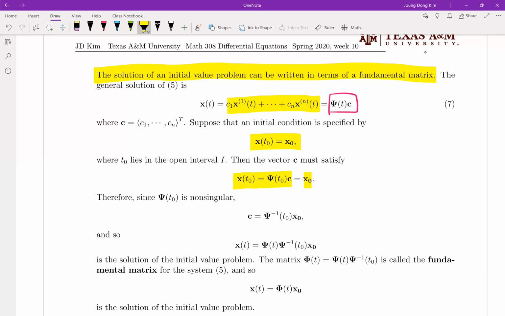But don't forget that psi, the fundamental matrix, consists of a fundamental set of solutions, which means it is non-singular. In other words, there is an inverse matrix. So we multiply the inverse matrix on the left-hand side, and do the same thing on the right-hand side.